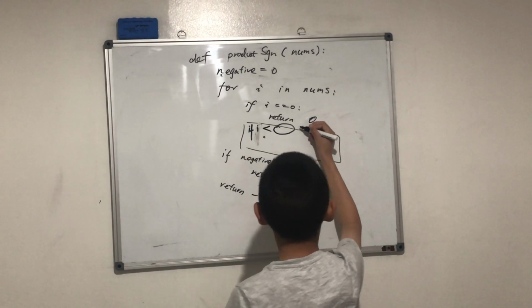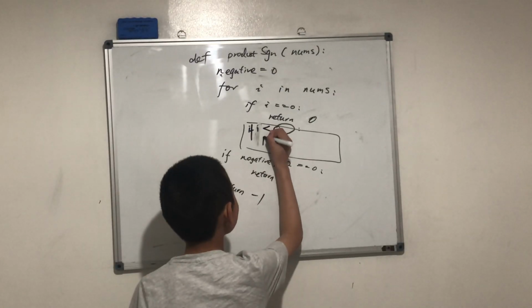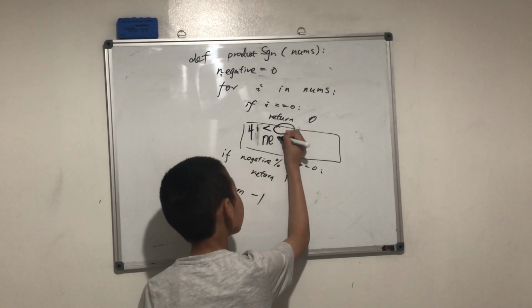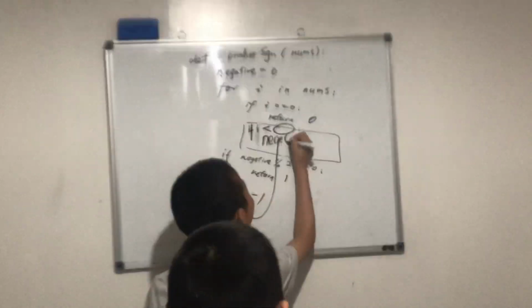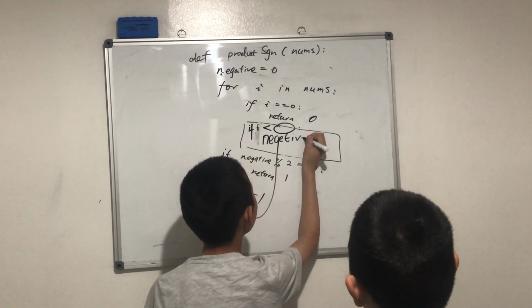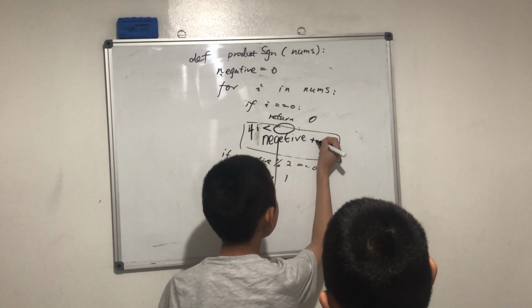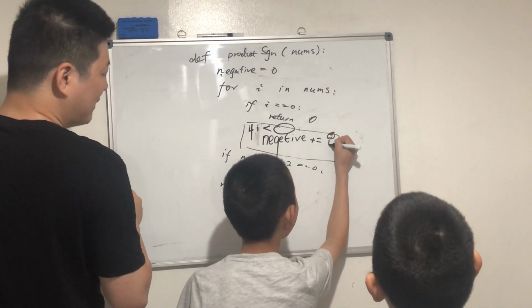Write it properly, Eric. Okay, and then what? Negative plus equal 1. Yeah, we're counting.